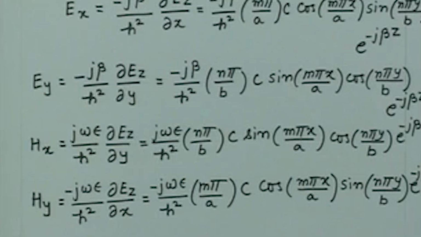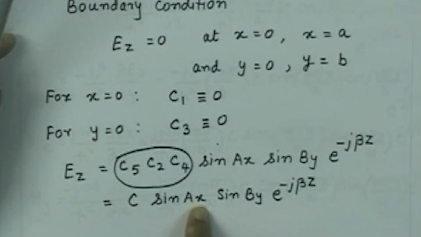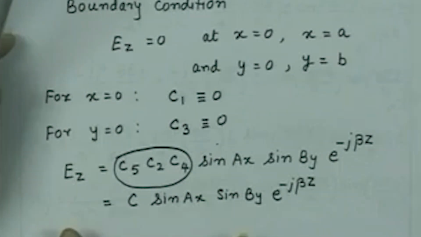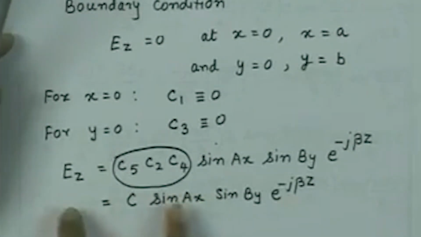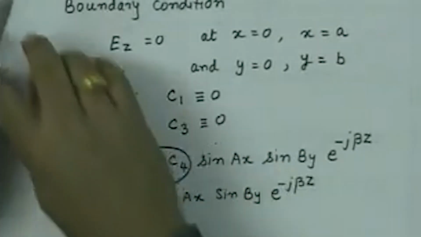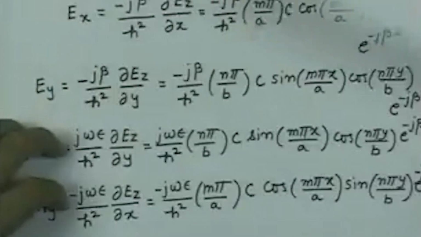So, it has a sinusoidal variation. The Ez was 0 in the x direction at x equal to 0, so at both walls the Ez was 0, and in the y direction it also has half cycle variations.